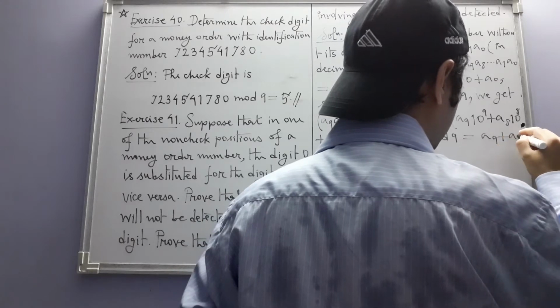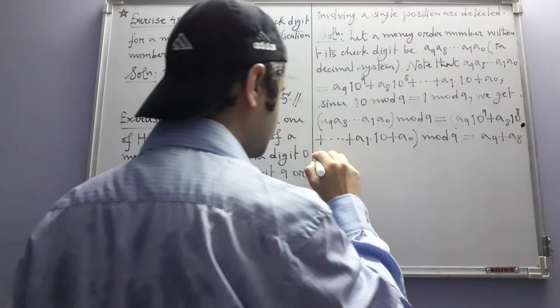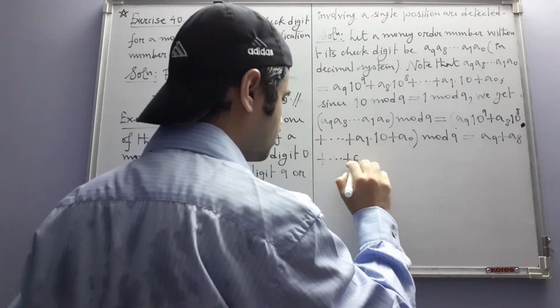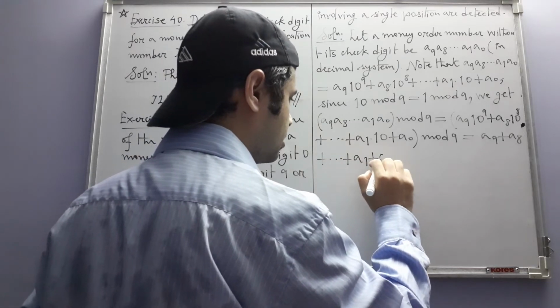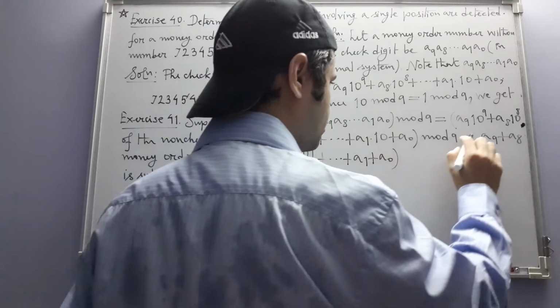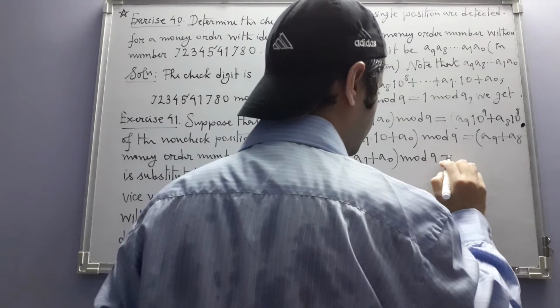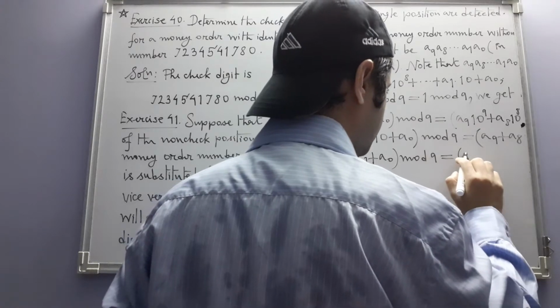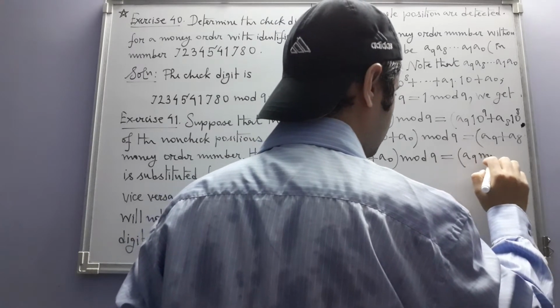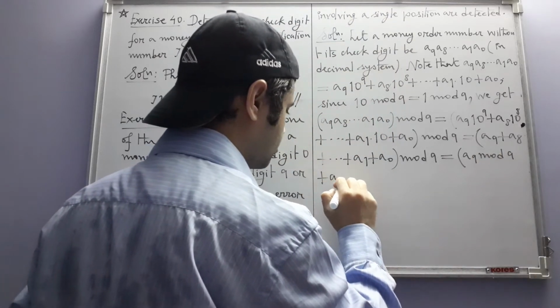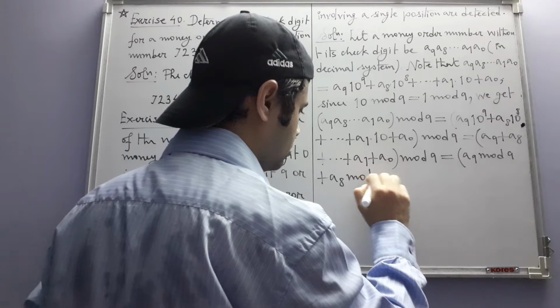So this is equal to A8 plus etc., plus A1 plus A0 modulo 9, and in fact this again becomes A9 mod 9 plus A8 mod 9.